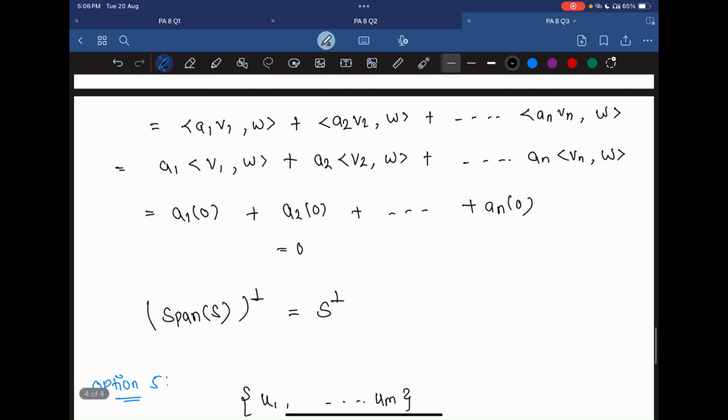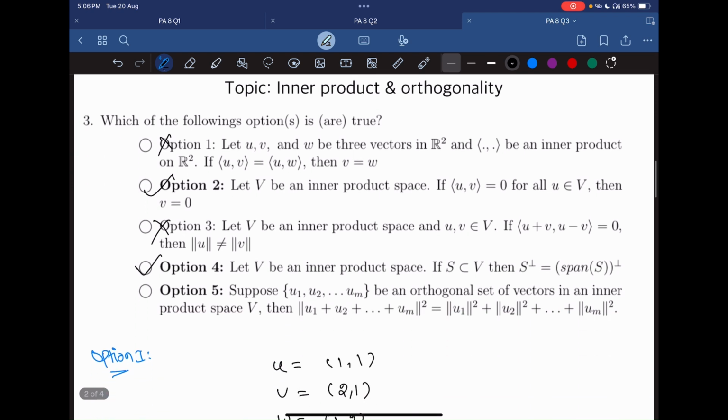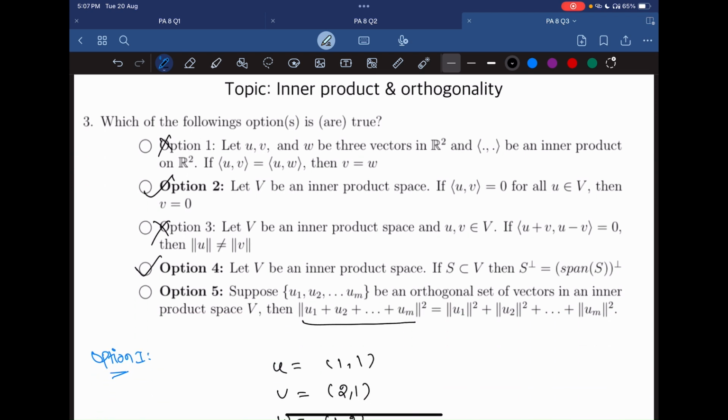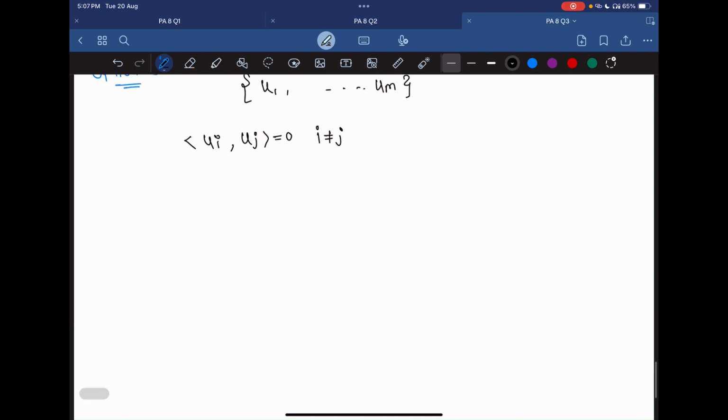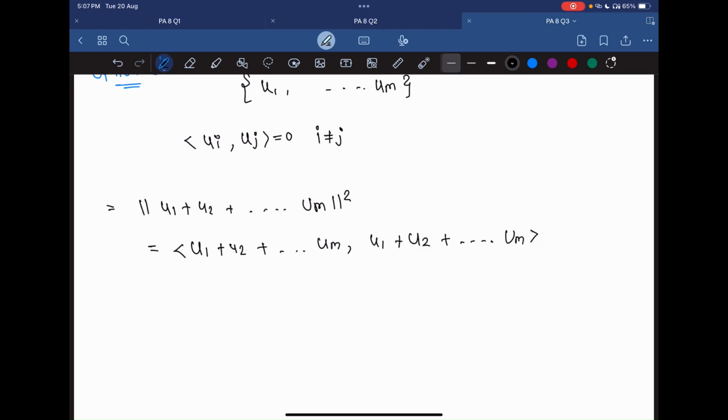Now, what we have to check here is whether the norm square of u1 plus u2 till un is the famous summation of individual norm squares. So we have to calculate the norm square of u1 plus u2 till un, and that is the same as the inner product of u1 plus u2 till un with u1 plus u2 till un.